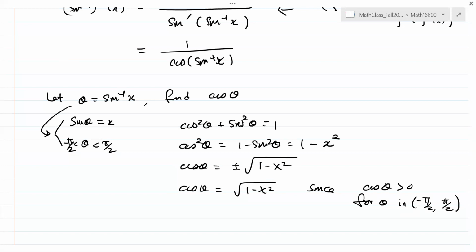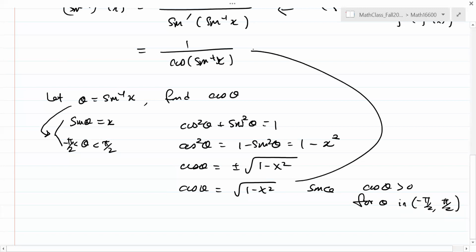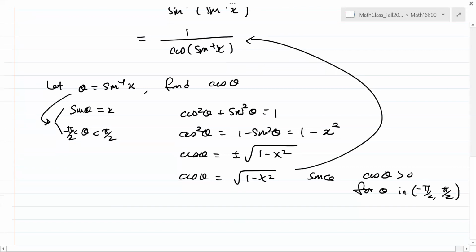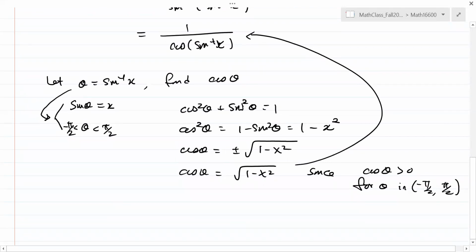Now you put it back. Theta is the inverse sine of x. So now cosine theta is going to be the square root of 1 minus x squared.